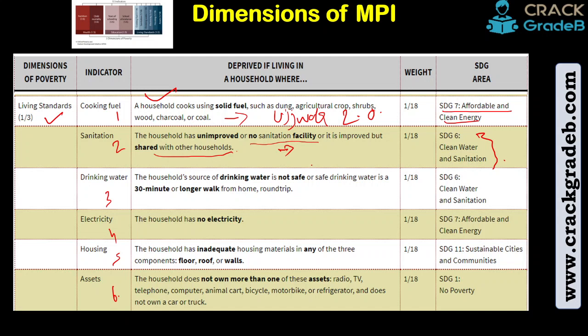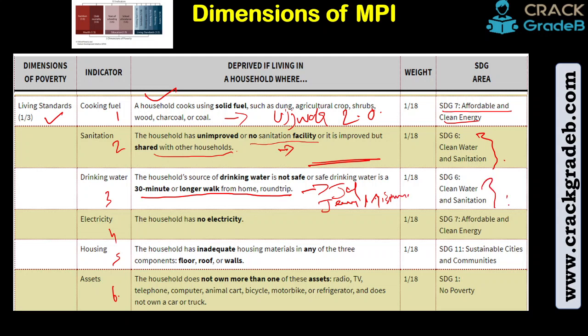Right. So let's move forward to drinking water. The household's source of drinking water is not safe, or safe drinking water is a 30-minute or longer walk from home, round trip. Right? So to cater to this, it's Jal Jeevan Mission.